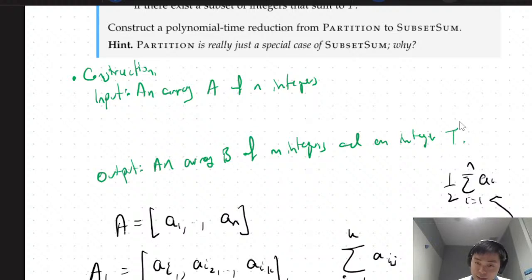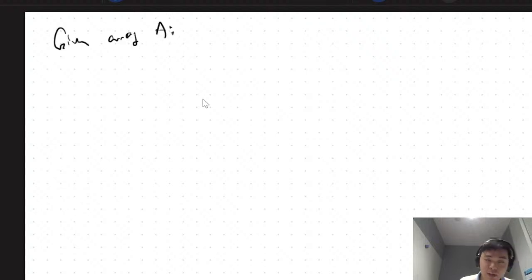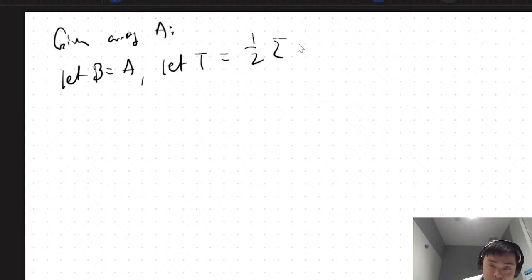So if I know that this array can be split into two parts of equal sum, then I know that this t has to equal a half times the sum. So what I can do is the following construction. Given array A, I'm just going to let B be equal to A, and then let t be equal to a half times the sum.